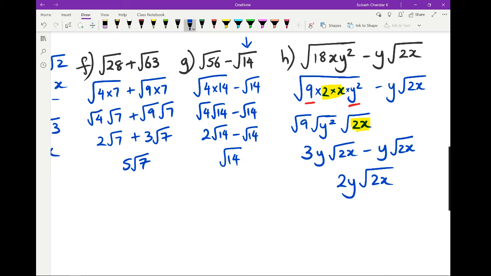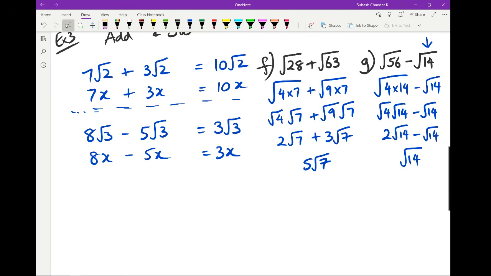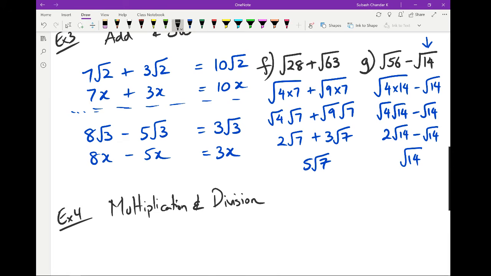So we now go to multiplication and division. So multiplication and division, as always, there is a couple of... Ravesh, just hold on to that question.